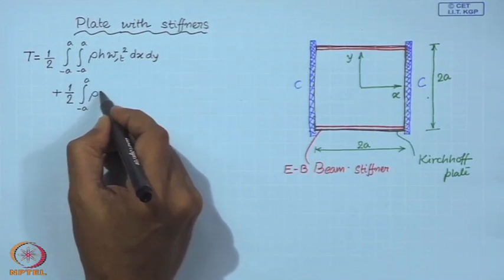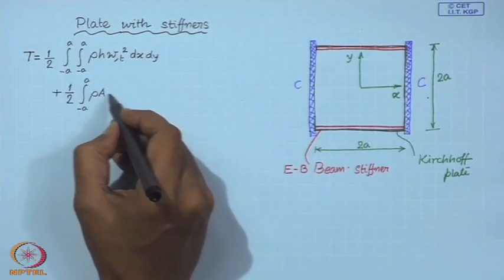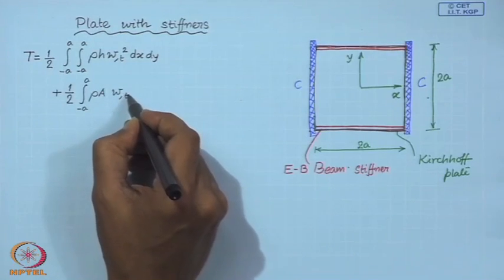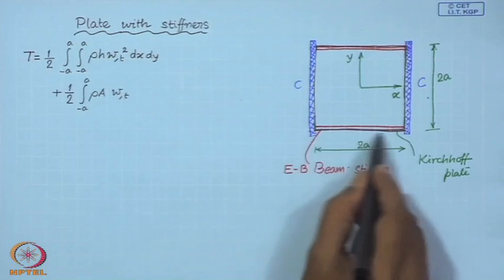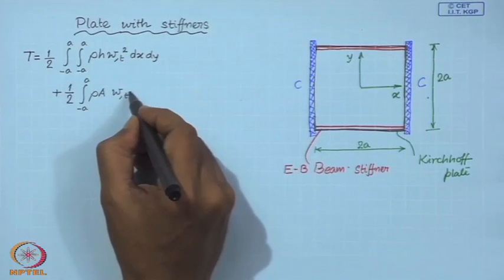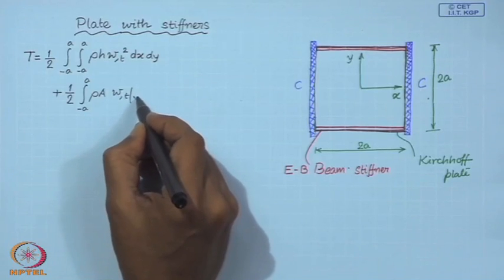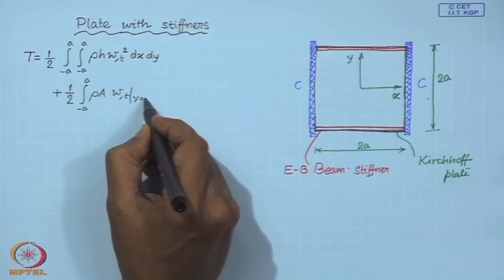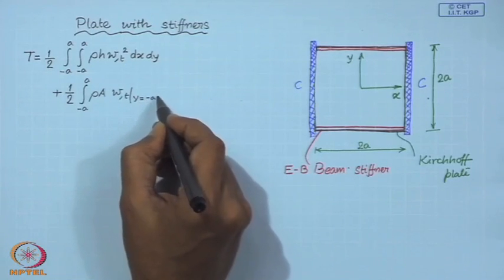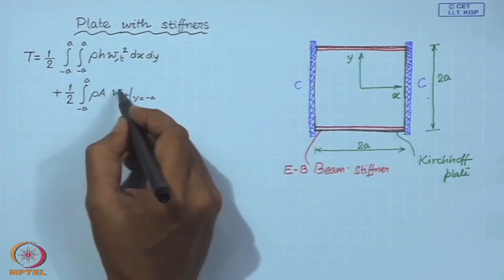So, rho a is the mass per unit length times the length times the velocity. Now, this velocity is the velocity of this point, so this has to be calculated for this beam at y equal to minus a.